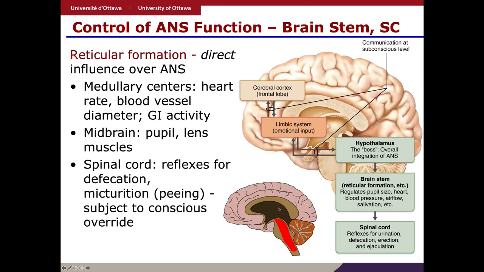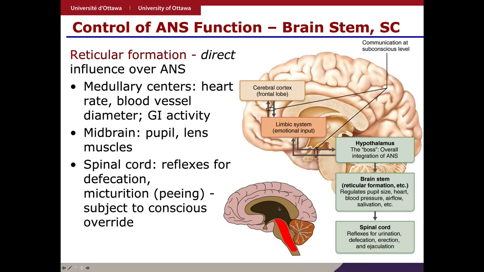The brainstem reticular formation is a loose collection of neuron cell bodies in the pons, medulla, and midbrain in an area of mostly white matter. It is shown by the red region in the diagram at the bottom of the slide. The reticular formation exerts the most direct influence over autonomic functions.